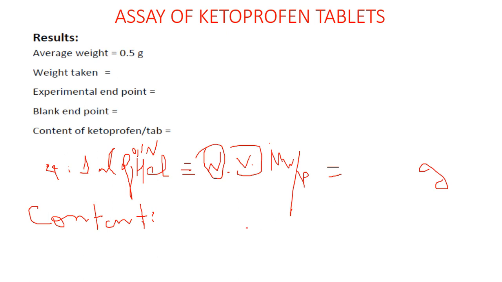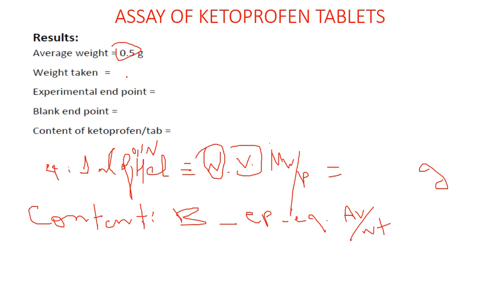So you should put blank minus end point times the equivalent times average weight over weight taken. The average weight is 0.5 and the weight taken is 0.25.